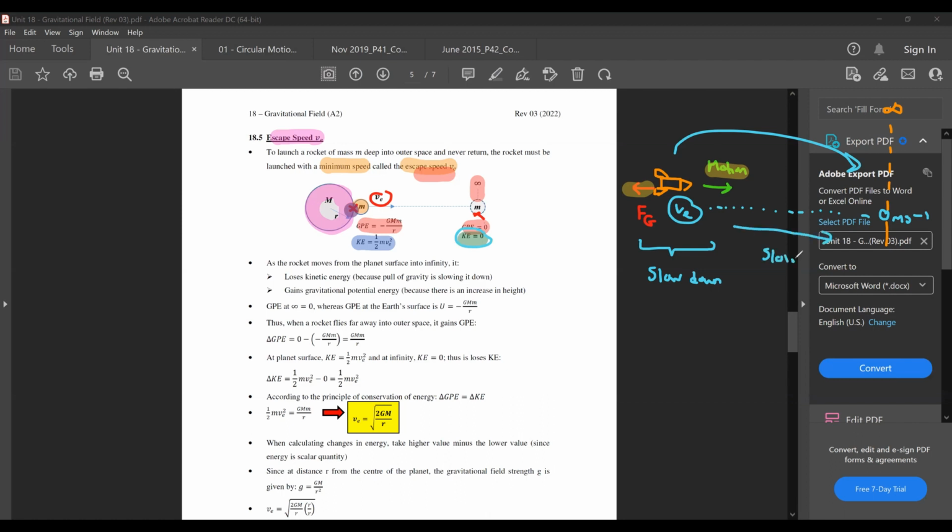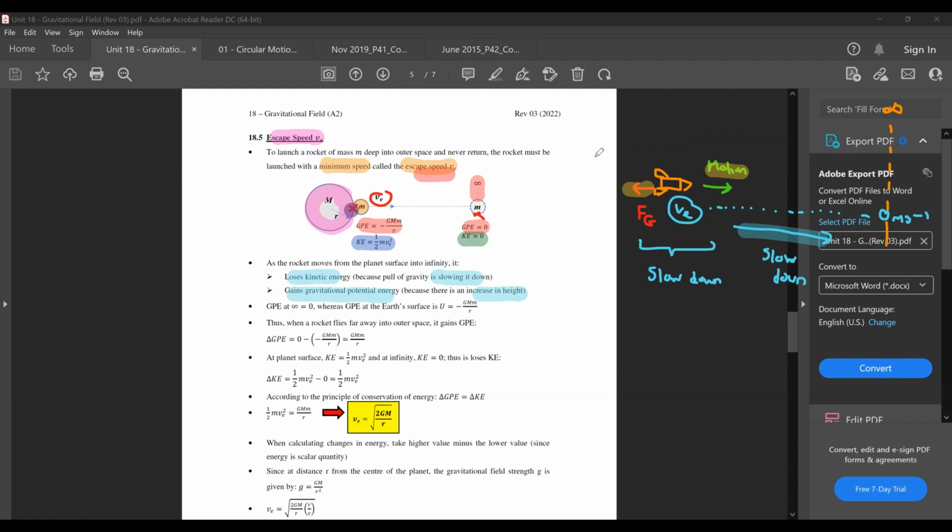You will slow down. When you go towards infinity, you will lose kinetic energy because you slow down. At the same time, you will gain gravitational potential energy because there's an increase in height from the surface of the planet.